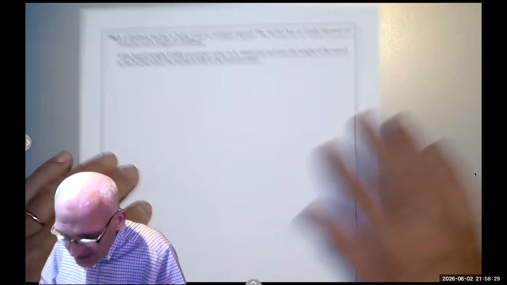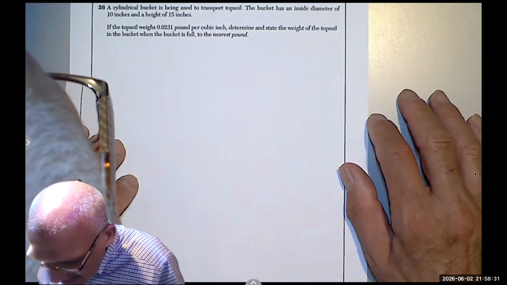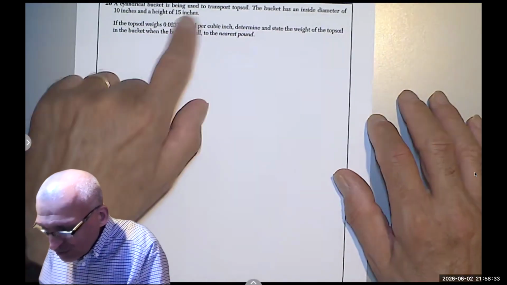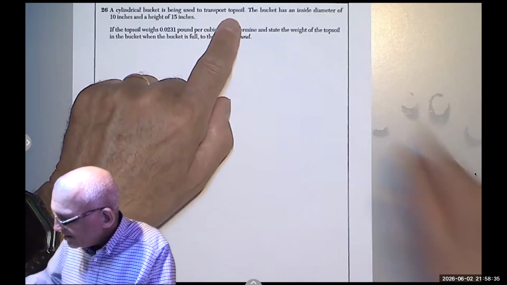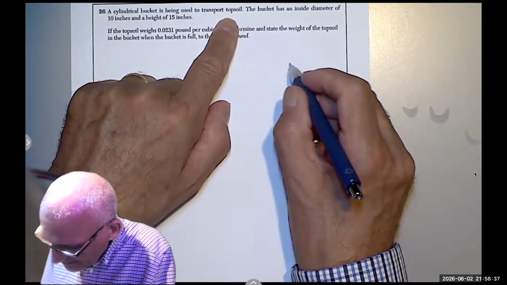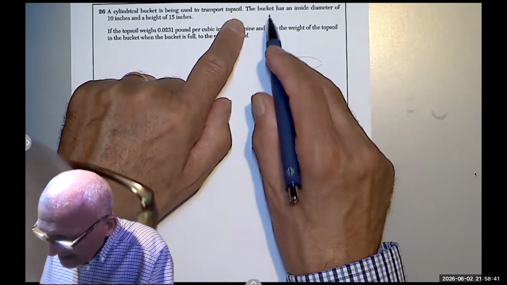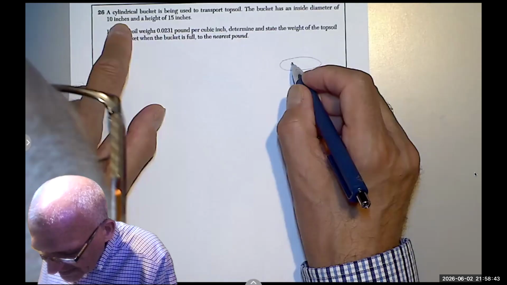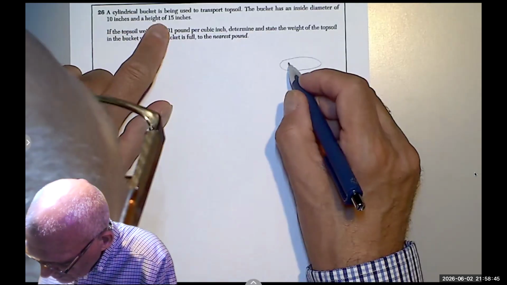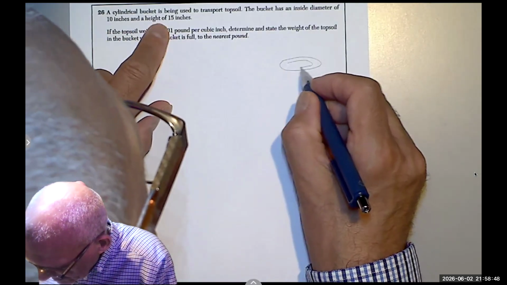When we move to the second one, it says a cylindrical bucket is being used to transport topsoil. So I have a bucket. The bucket has an inside diameter of 10 and a height of 15. So basically the bucket looks something like that.